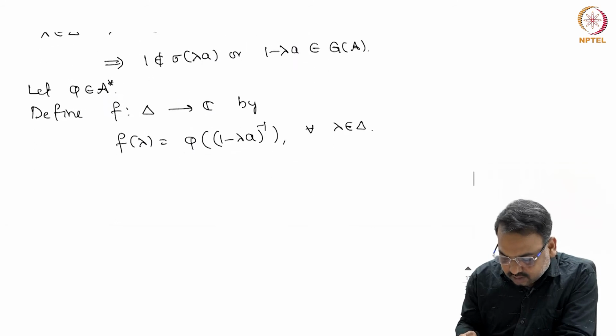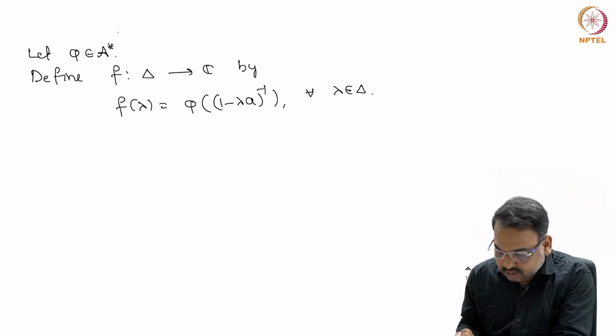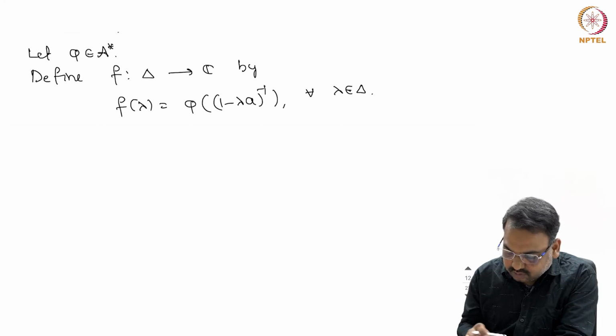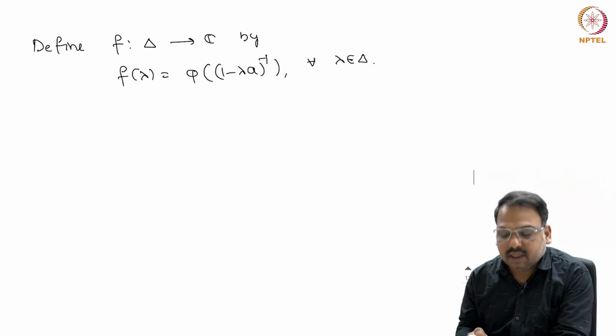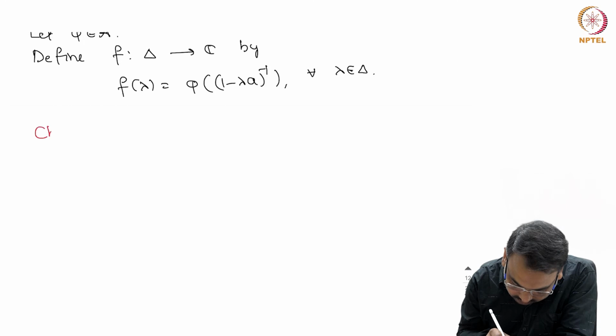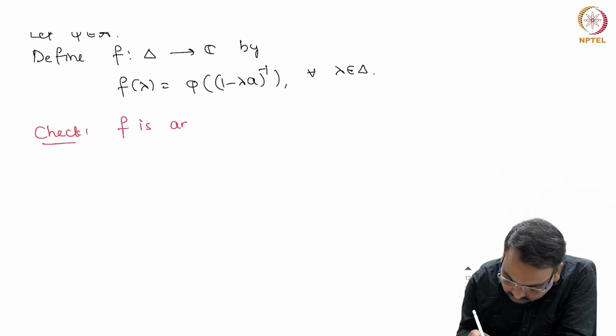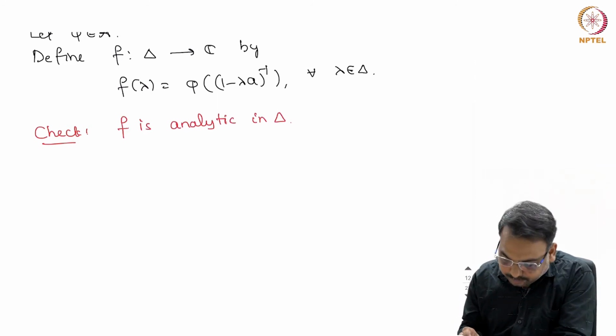Now as in the proof that the spectrum is non-empty for an element in a Banach algebra, we have defined such a function and have shown that it is entire. Now here we can easily show using the same proof that f is analytic in delta. So we have to use the same proof that we used earlier.